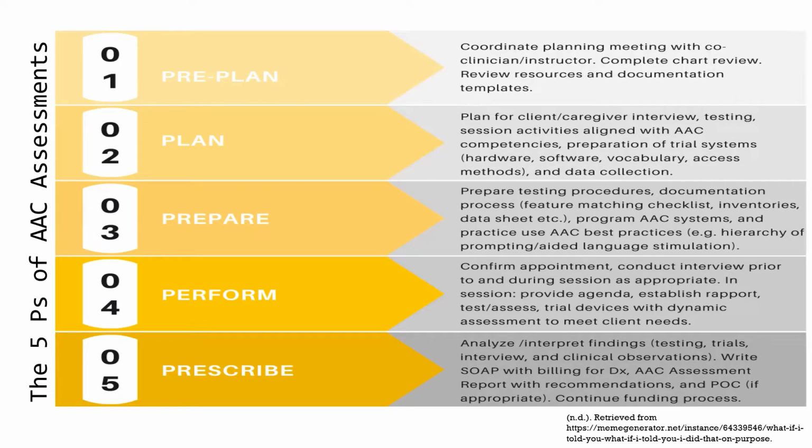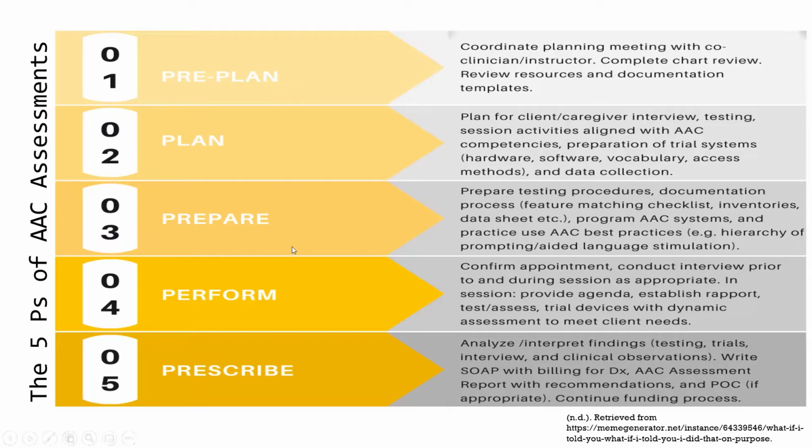Now you may notice that the first 3, pre-plan, plan, and prepare, sound really similar. And I do have some explanations of what these are on the right-hand side, and you also will be going through them with me today during this recording. But you may find that if you are not providing services as a clinical supervisor and you're not working with graduate clinicians, then you might not find that you need this breakdown of those top 3 separately.